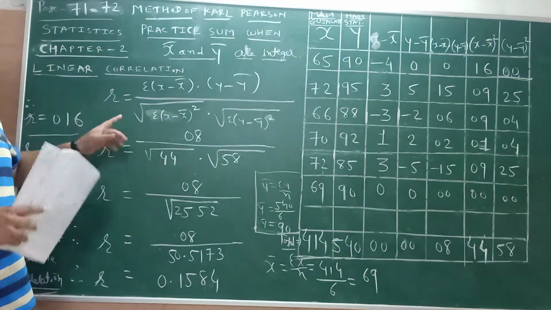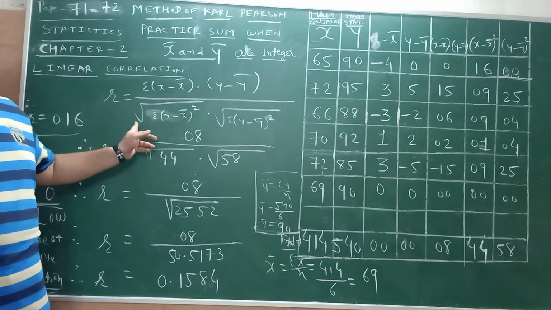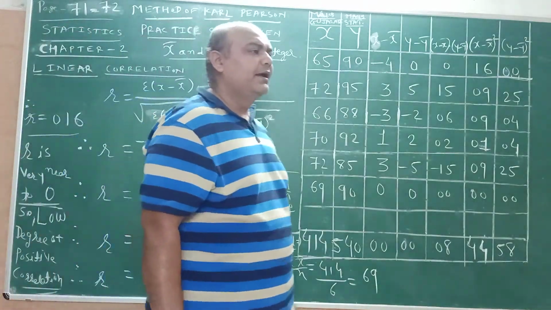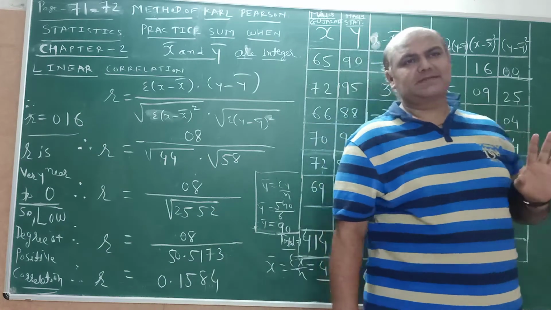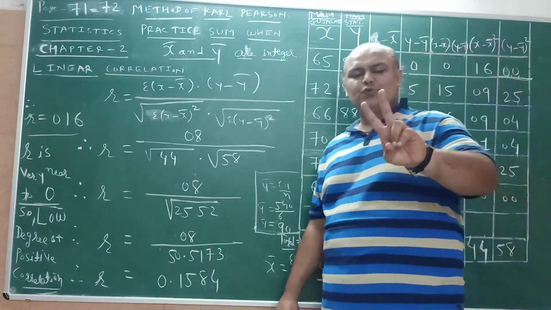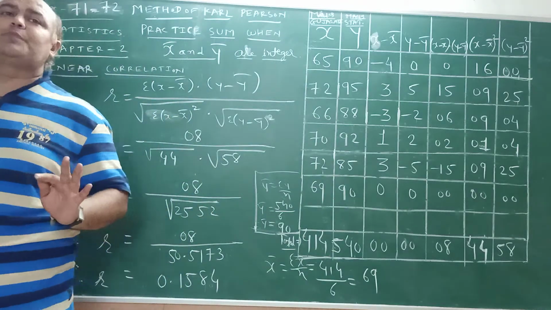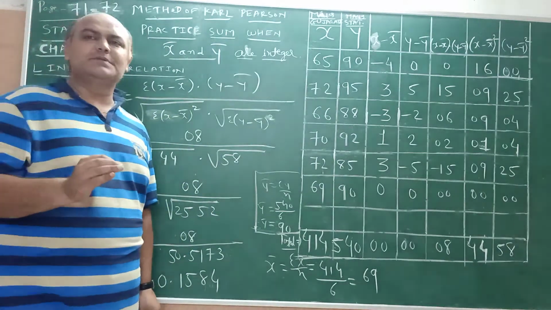Now for this second formula, as we all remember, we have to prepare additional 5 columns. They provide us 2 columns, x and y, and we have to prepare 5 additional columns.